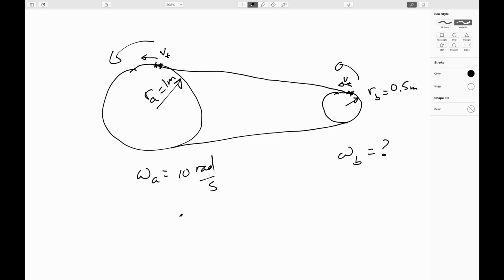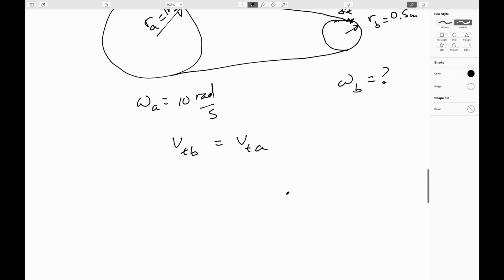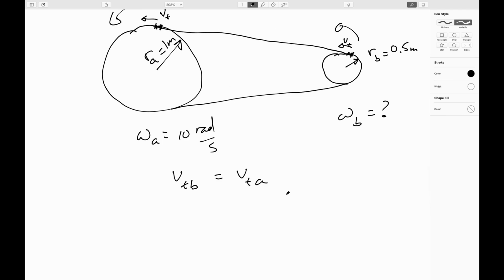So we can demand that the tangential velocity of a point at the end of pulley B be equal to the tangential velocity at the end of a point on pulley A. Okay, so we can put in, this will be the radius of pulley B times the angular velocity of pulley B. And remember, physicists say angular velocity, even though we should really say angular speed. Equals R_A omega A. All right, divide through by R_B.